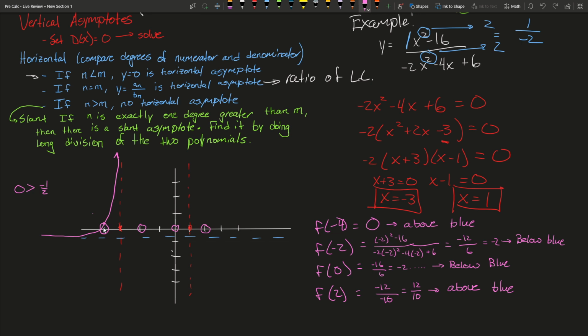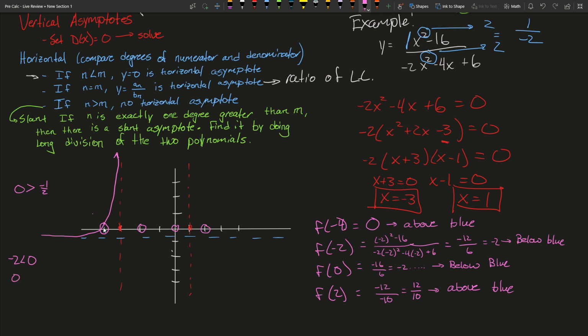Okay. -2 and 0 both give us values that are below the blue line. If we plug in -2 for x, we get -2 out as our output, which is below the blue line. So -2 is less than 0.